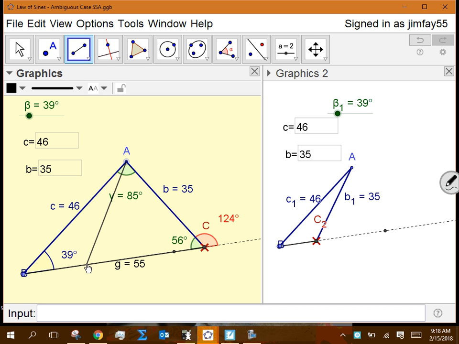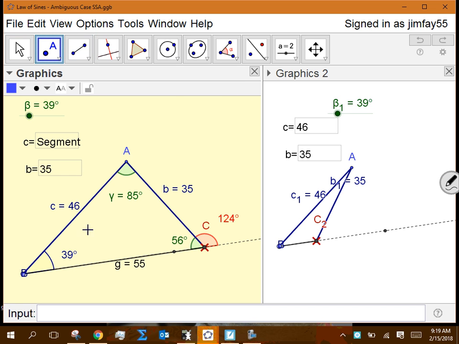So, if that is 35 there, and let's see if I can do this. Let's put a point right there.